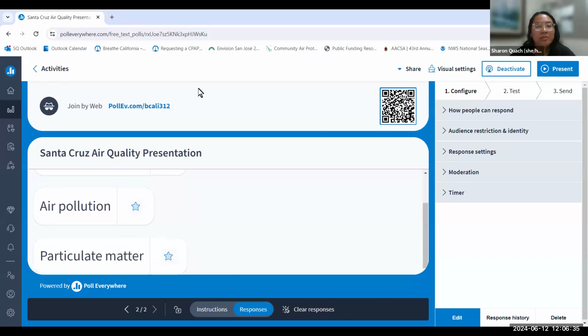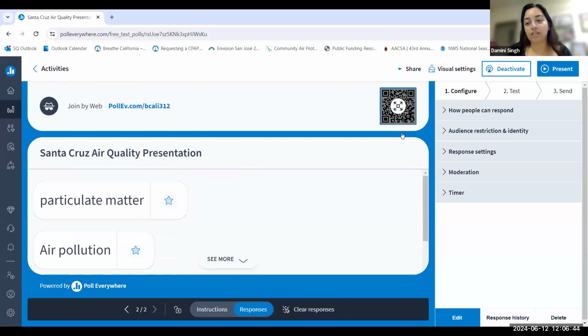Is that right, Dominique? Yep, these are perfect. So the answers would be air pollutants, particulate matter, or air pollution, like you guys said. And later we'll also talk more about these different types of pollutants.